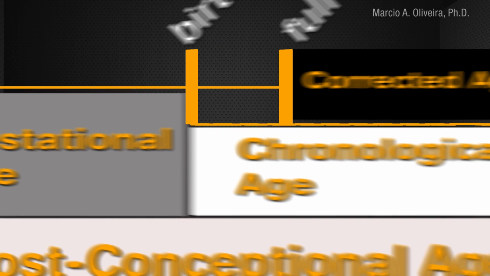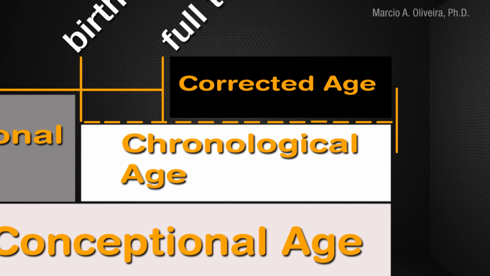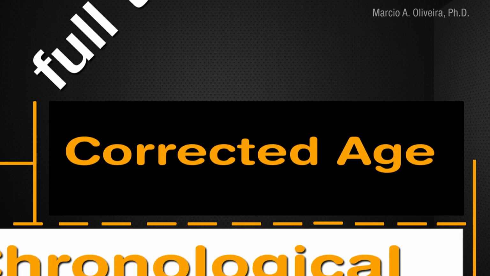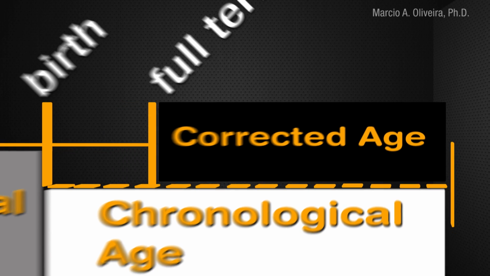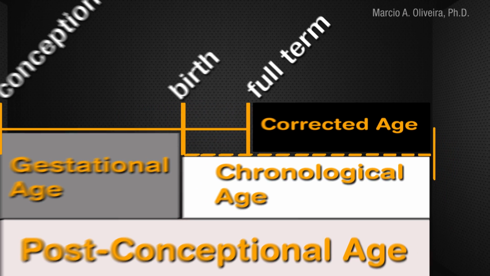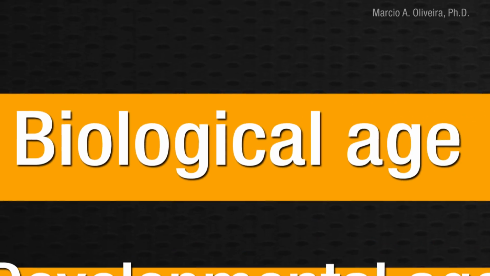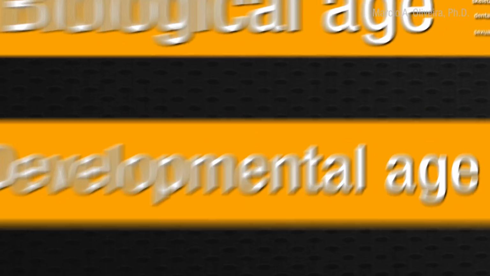Post-conceptional age is a sum of gestational age and chronological age. Finally, the corrected age is the time elapsed from the due date, which sometimes, in case of preemies, does not coincide with the chronological age. We can also consider biological and developmental age. For example, biological can be morphological, skeletal, dental, and sexual ages.